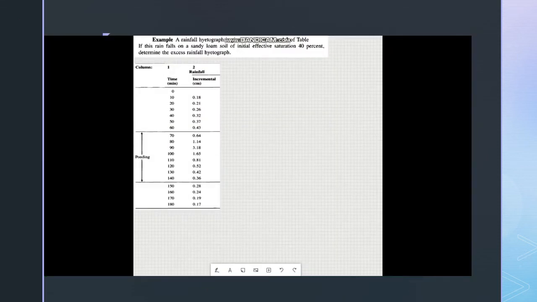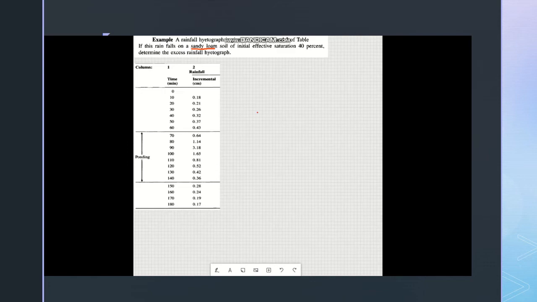For this question, as you see here, it is a sandy loam. So what we need to do is find from our Green-Ampt infiltration parameters for various soil classes where it falls and what these parameters are.